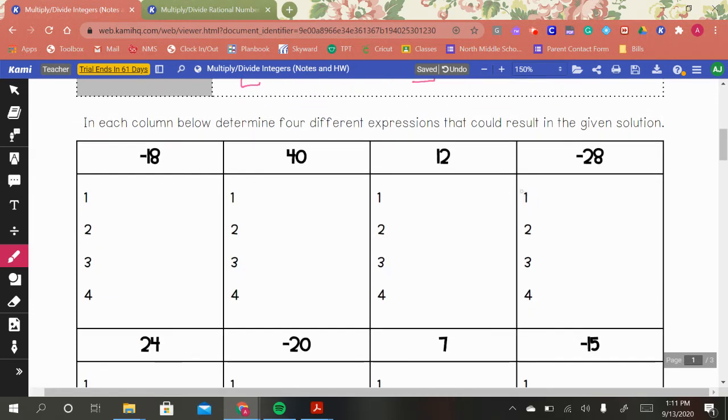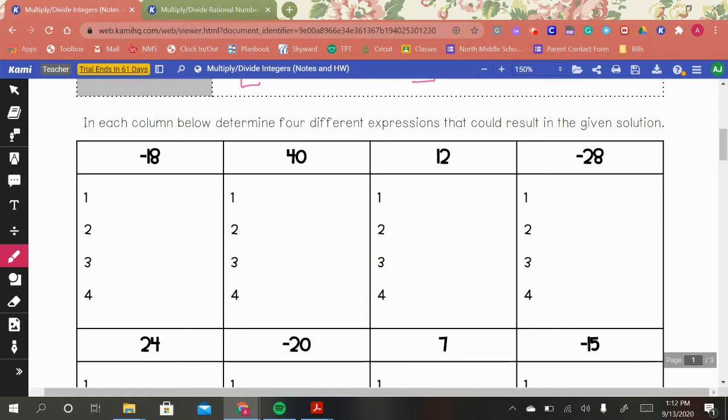All right, it says in each column below, determine 4 different expressions that could result in the given solution. If we were in the classroom face to face, I would give you time to work on this on your own.